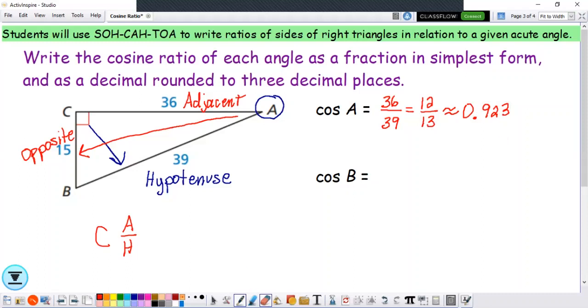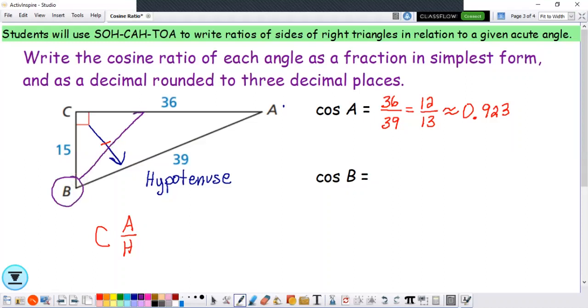Now let's take a look at if we switch this up and we find cosine of angle B. So that's going to change which side is opposite and which side is adjacent. It's not going to change which side is the hypotenuse, because the hypotenuse is the same side no matter which trig ratio we are looking at. So for angle B, this time opposite is going to be the 36.